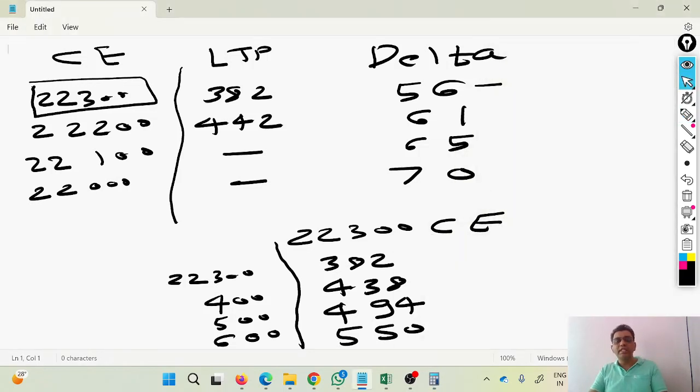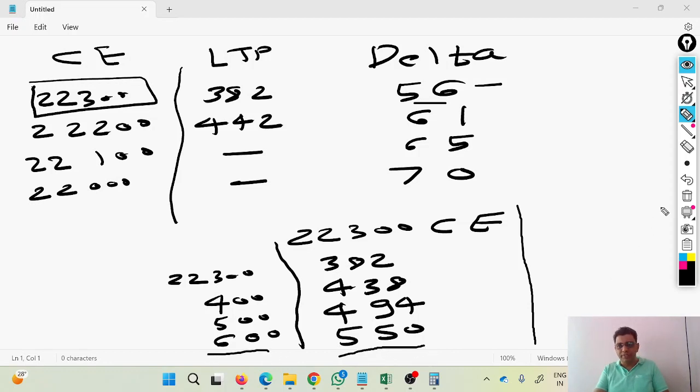This is the simple calculation we made yesterday. Whenever Nifty goes up by 100 points, every time my option price will increase by 56 rupees, and eventually at 22,600 its price will become 550 rupees.